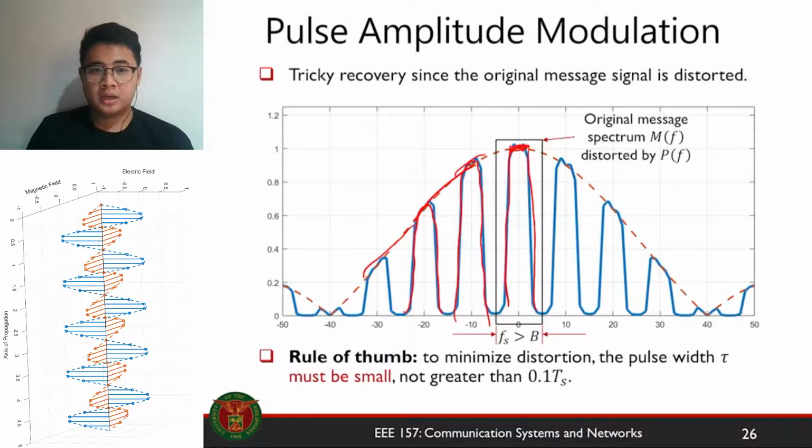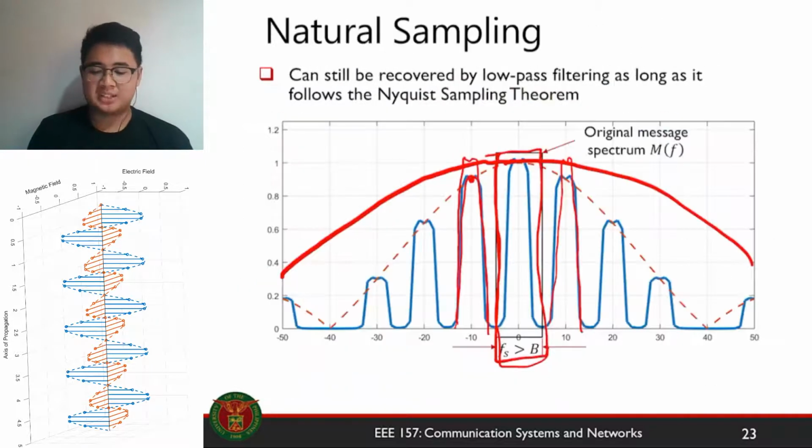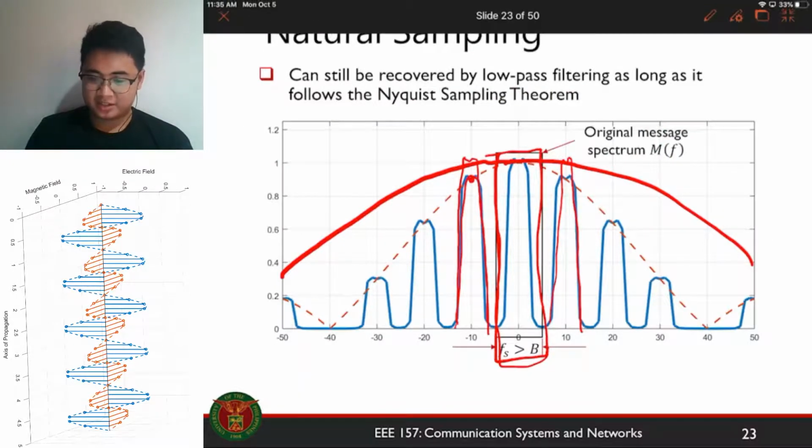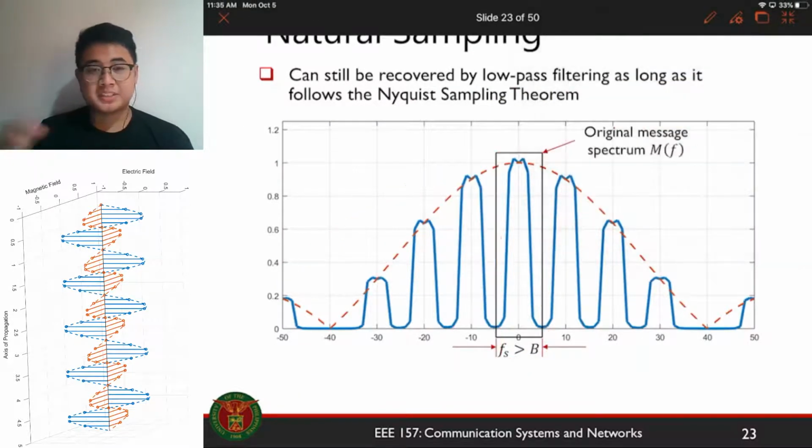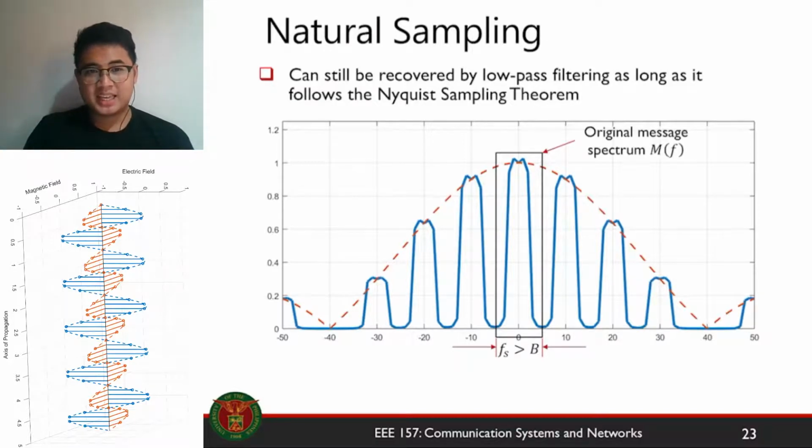It looks similar to natural sampling. But when you look at the frequency spectrum of natural sampling, it looks similar to sample and hold. So natural sampling and PAM are what we call duals of each other, because their behavior in the time domain and frequency domain are opposites of each other.